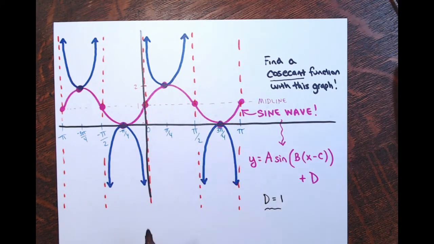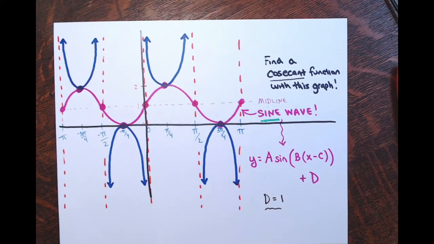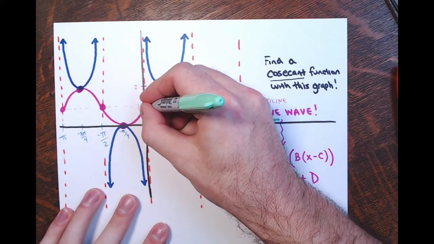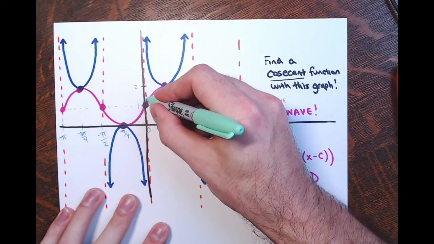Remember the value of a. Now, let's just look at one cycle here. I'm going to highlight one cycle, one period. Now, being that it's a sine wave, our normal sine wave, remember, started at the midline. So I'll start here on the midline. Now let's just say I'll go from here, and we'll do one cycle.